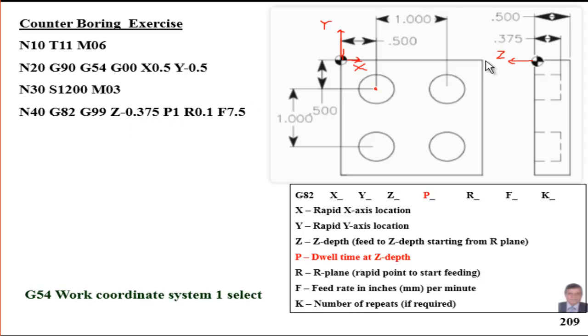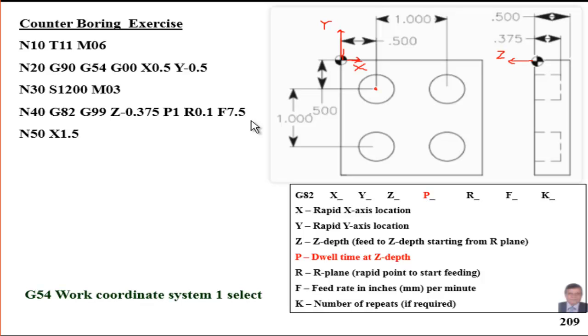Because this is the depth of the counter bore as given here in the geometry of the workpiece. We select the R level on the top of the workpiece surface deviated by 0.1. This dimension is in the inch system. And this is the recommended feed based on the workpiece specification and the material of the tool as well.